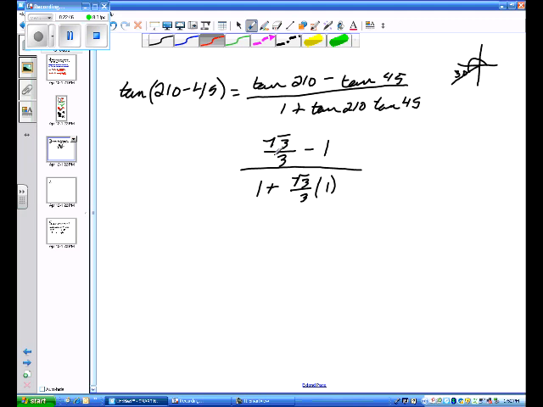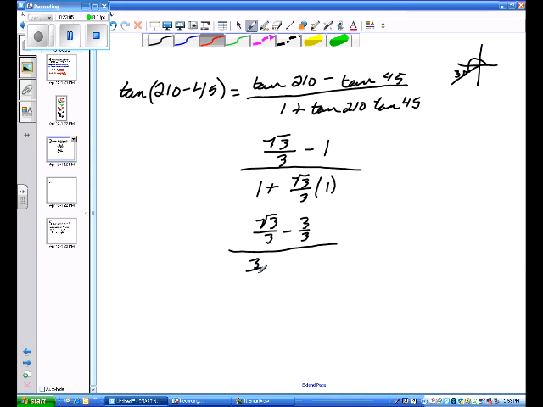Now, what we can do is we can get us a common denominator for both our numerator and denominator. And if we do that, we've got the square root of 3 over 3 minus 1 would be 3/3.